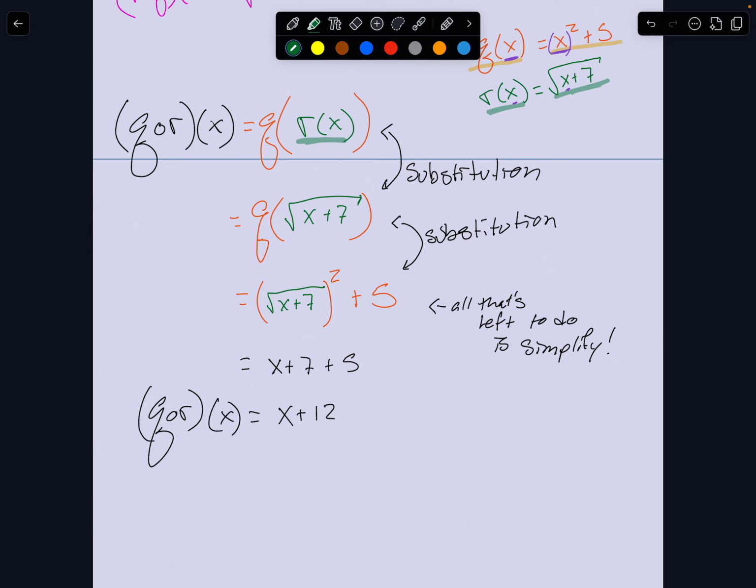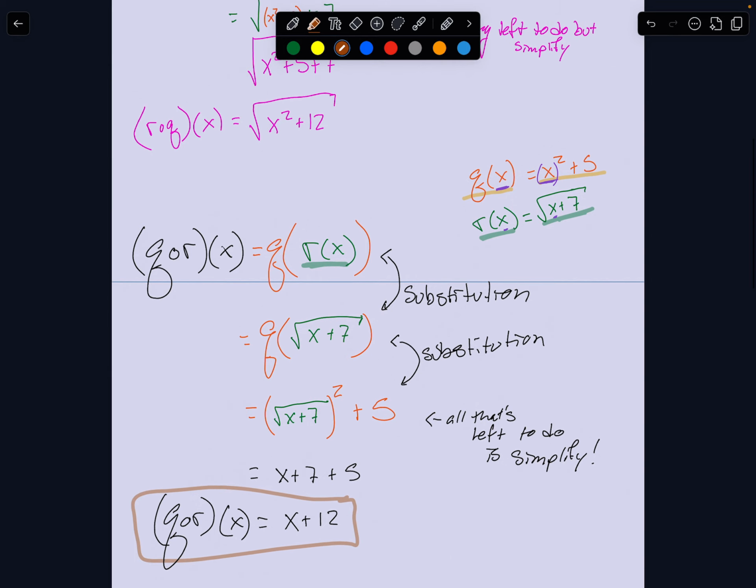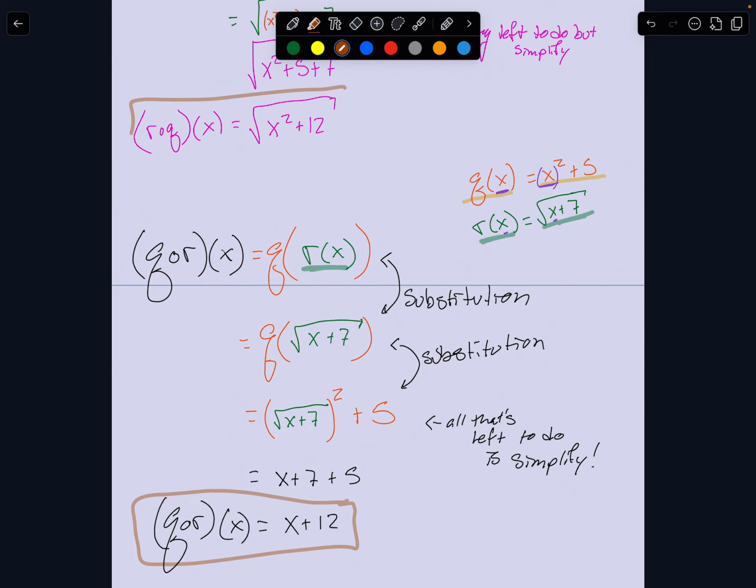So if we look at q of r of x, we just get back the linear function x plus 12, but if we took r of q of x, we got back the square root function, the square root of x squared plus 12. So what I'm saying is that the order that we plugged in mattered.